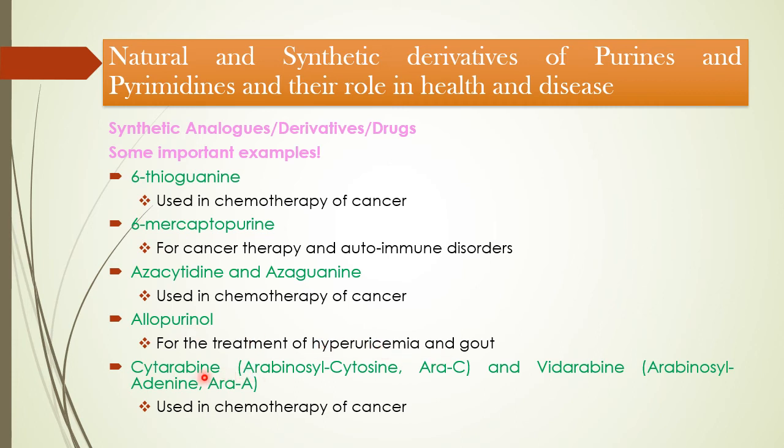Then we have cytarabine, which is also called arabinosyl cytosine, abbreviated as ARA-C, and vidarabine, which is also called arabinosyl adenine, ARA-A. In these synthetic analogs, basically arabinose sugar is added in place of ribose, and their structures become modified, and these are also used for treating various types of cancers.